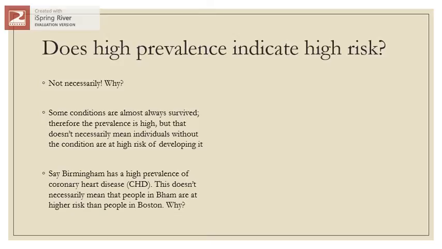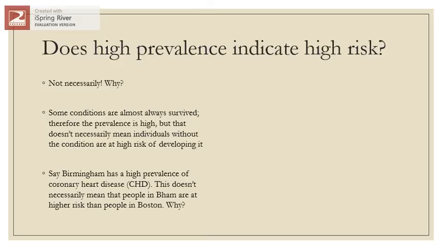The reason is that perhaps people come to Birmingham because the best treatment in the country is available here. That's one scenario that might cause people with coronary heart disease to come to Birmingham. You cannot always assume that high prevalence indicates high risk.